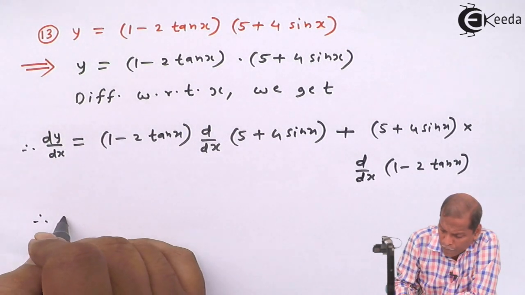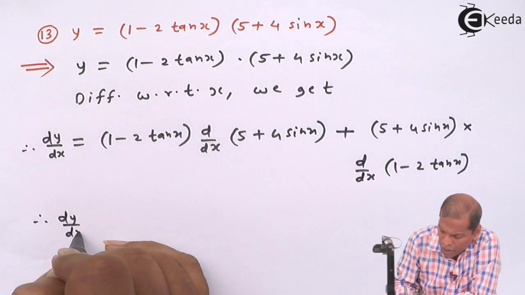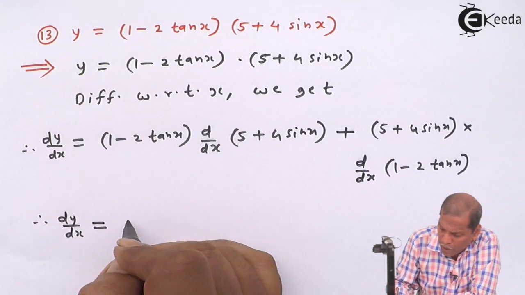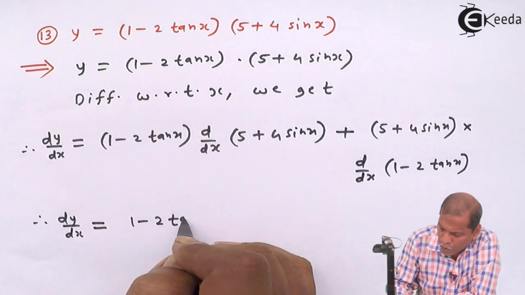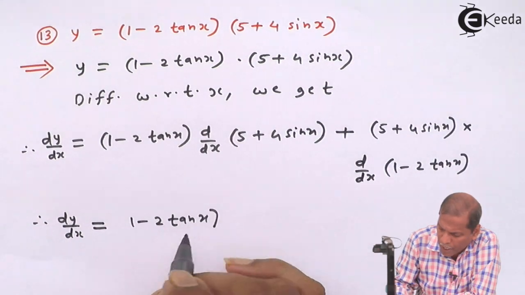Therefore, the next step will be dy upon dx is equal to, now 1 minus 2 tan x we write as it is.